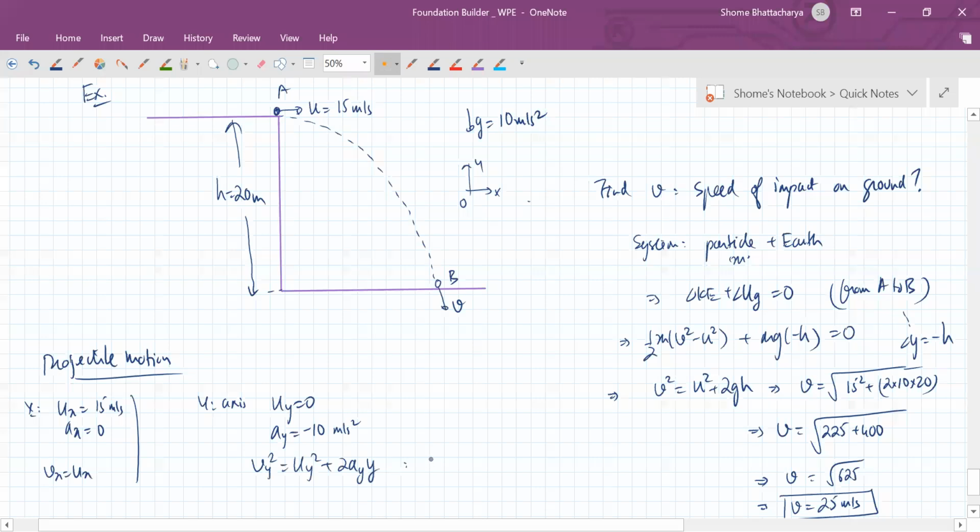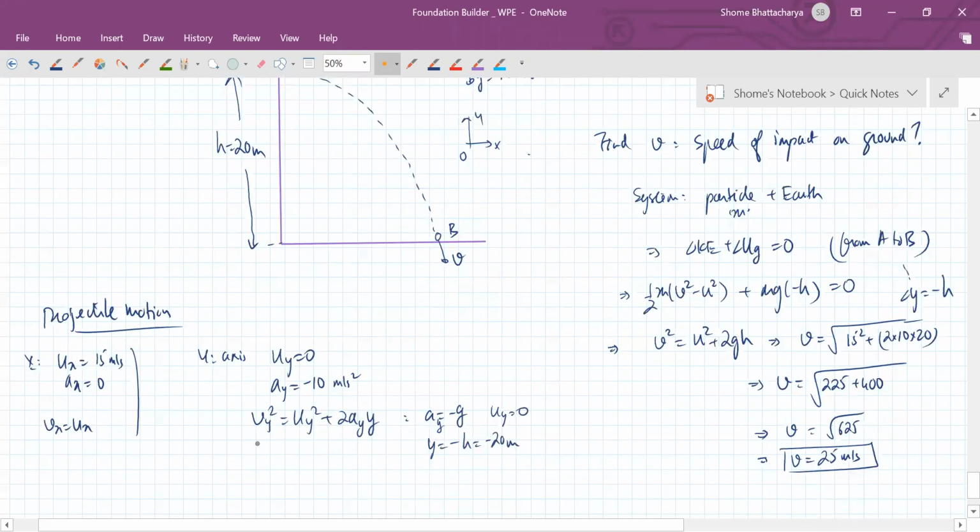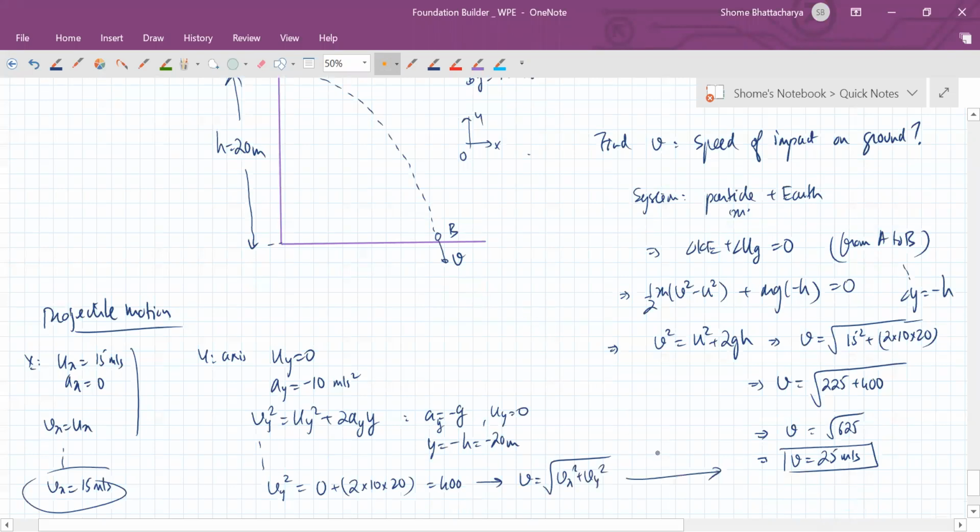We would have substituted Ay as minus g, and y as minus h or minus 20 meters, and Uy is 0. So Vy square would have been 400 and Vx would have been 15. Then V is equal to square root of Vx square plus Vy square, and that would have given this. But you can see it's lengthy and it's unnecessary.